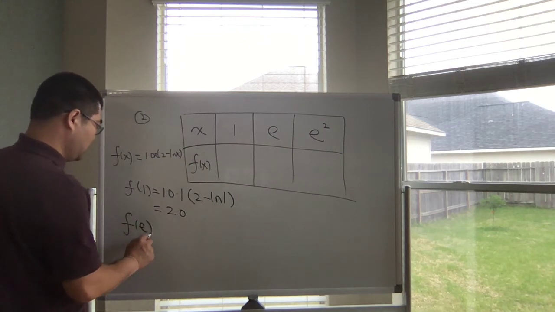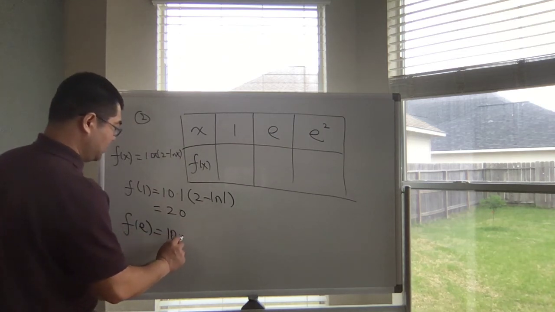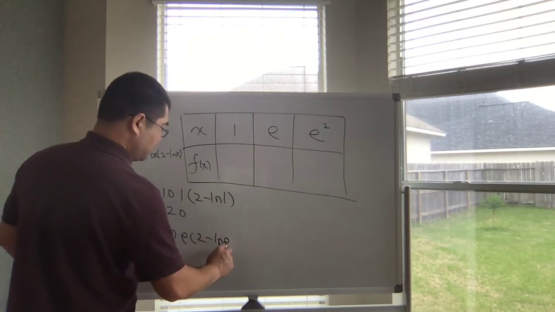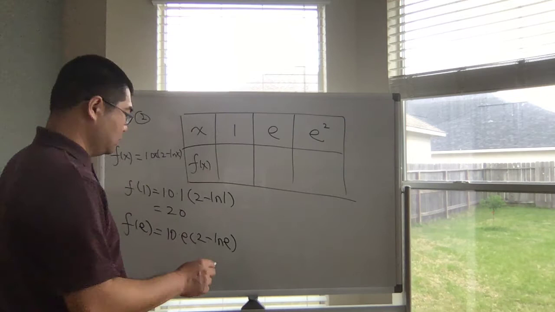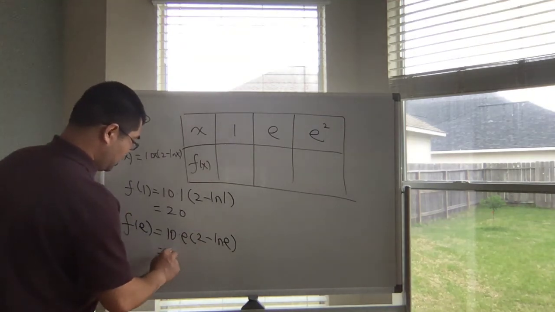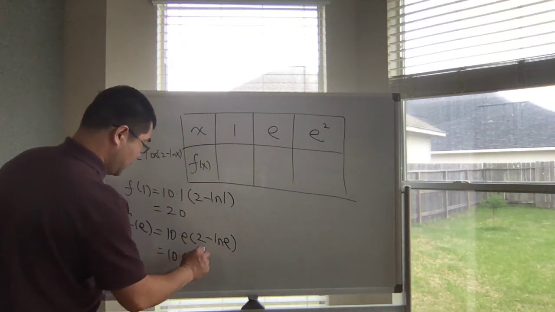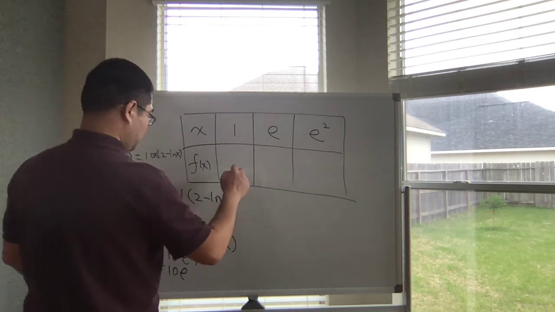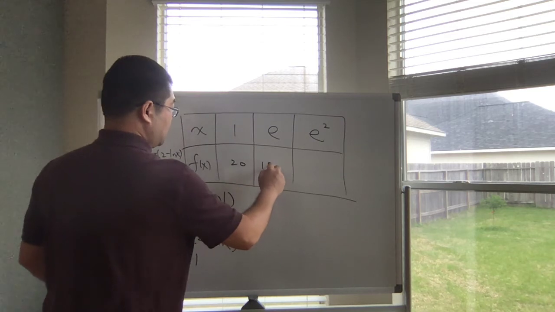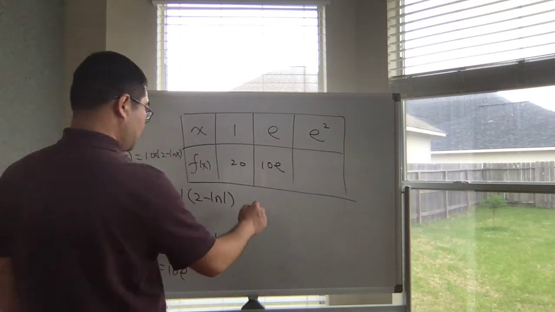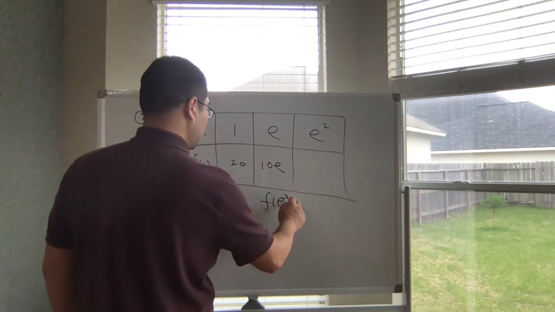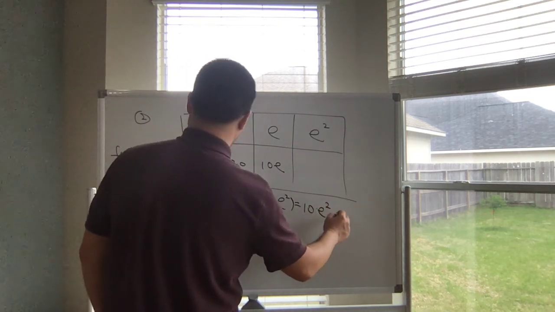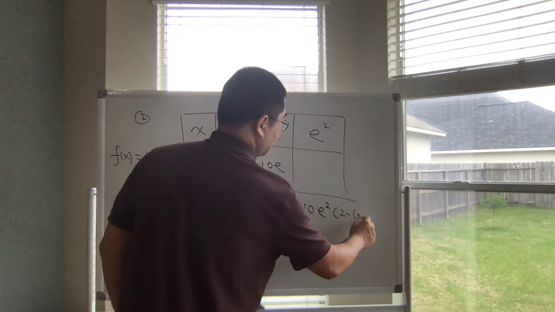f(e) is 10 times e times (2 minus ln of e). Ln of e is 1, so it gives us 10 times e times (2 minus 1), which is 10e. So we have 20 here, 10e here, and f(e squared), which is 10 times e squared times (2 minus ln of e squared).